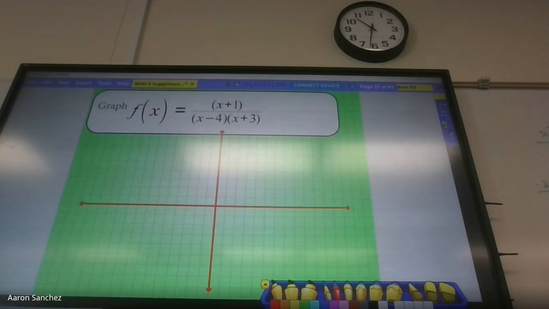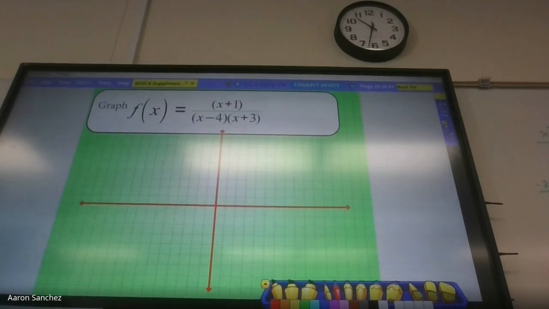Let's go with Greta's group. Between 4 and after 4? Positive. Greta, you agree? Okay. All right, did you guys figure it out? Yeah, it's negative. Okay, that makes sense. So where is my horizontal asymptote for this?